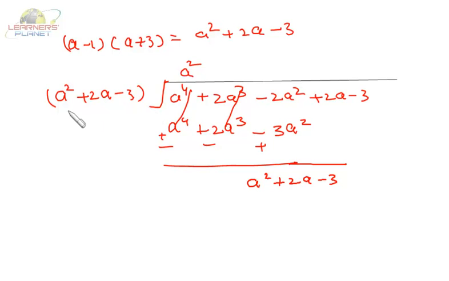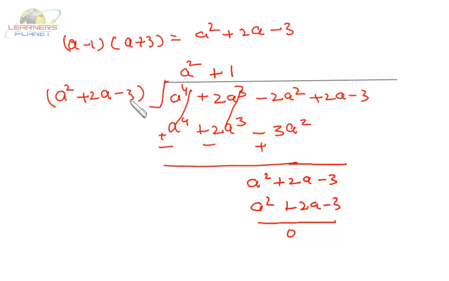That means we are left with the same term. So if we multiply by 1, we'll be getting the same term. That means the remainder is 0. That means if we divide this expression by this quadratic polynomial, we are getting a square plus 1 as a quotient. That means the factors of this biquadratic polynomial are this and this.